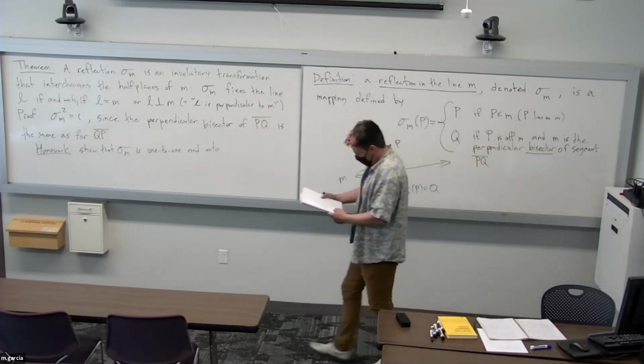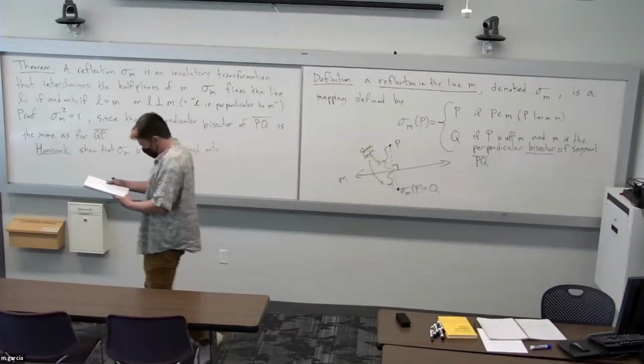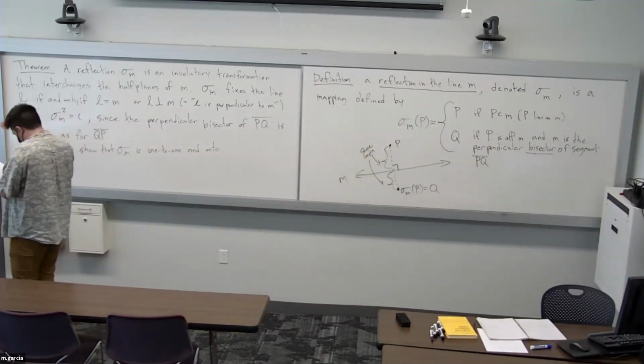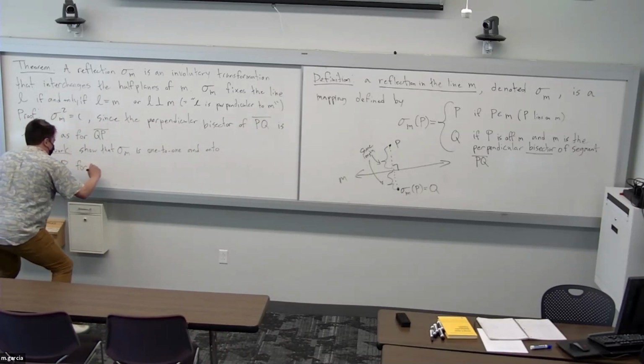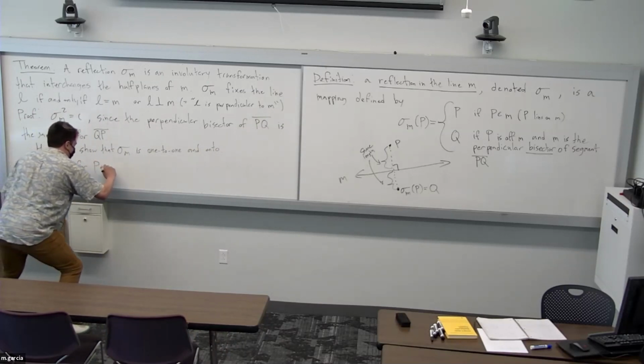Furthermore, to continue this proof, sigma M of P is equal to P for P on M.